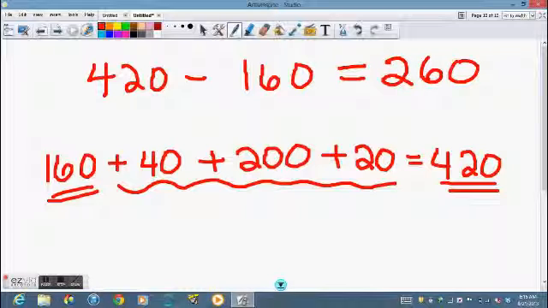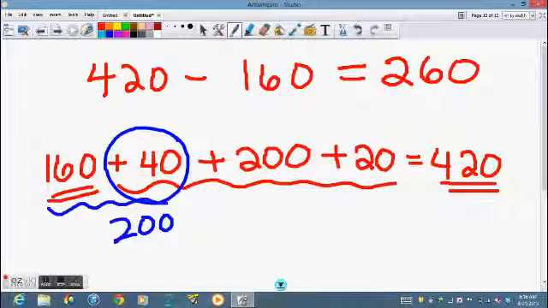So I say, okay, what number can I add that's an easy number to add to get me up to the next level? I'm trying to get up to 400 and something, so that's why I added 200. That gets me up to 400. And then I had to add the 20 more, of course, to get to 420.